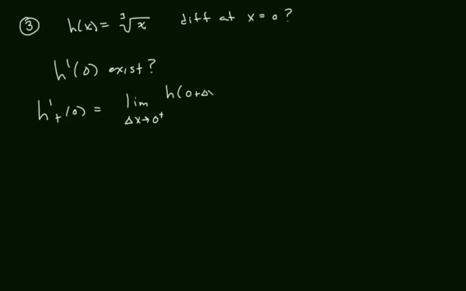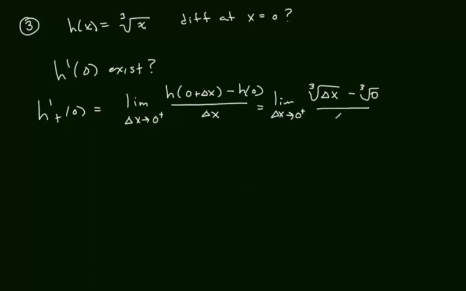So we have 0 plus change in x minus h of 0, all over change in x. So that's going to be the limit as change in x goes to 0 from the right of the cube root of change in x minus the cube root of 0, all over change in x.